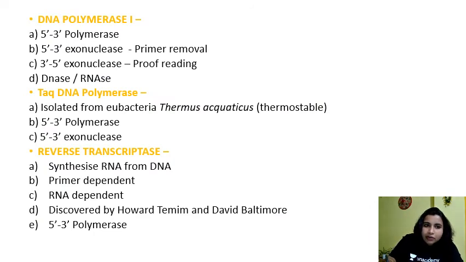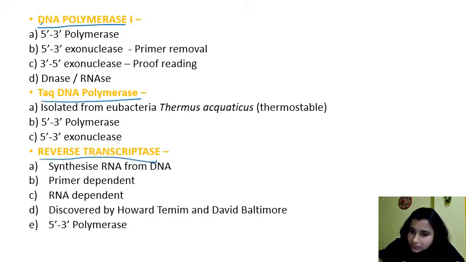I told you about different types of DNA polymerases. If we check here, you can see the types of DNA polymerases: DNA polymerase 1, Taq DNA polymerase, and reverse transcriptase. First, we will see DNA polymerase 1, which is also known as Kornberg enzyme.